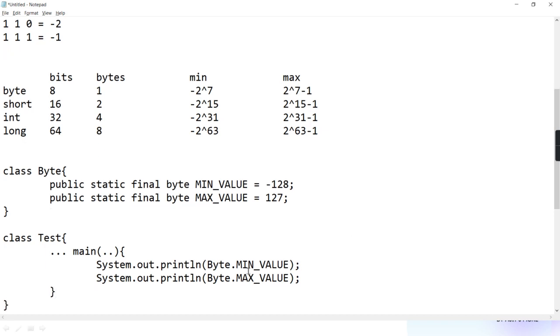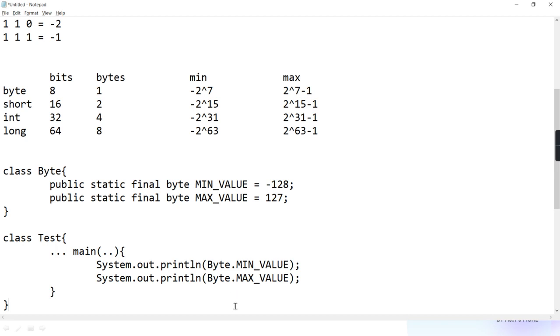100%. Because tell me first of all, are MIN_VALUE and MAX_VALUE two members of this Byte class? Yes. You don't have to define it. This is already done, you just have to access it. As they are static and final, as it is final, obviously you cannot modify, and static means you can directly access. You don't have to create an object. Can I directly access class name dot?